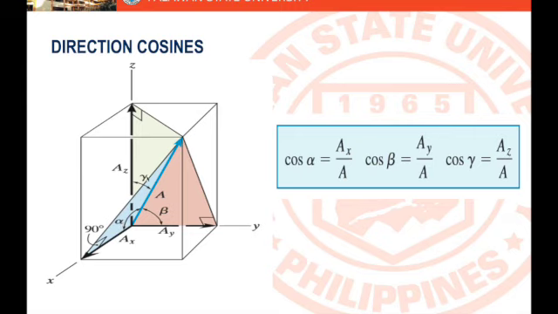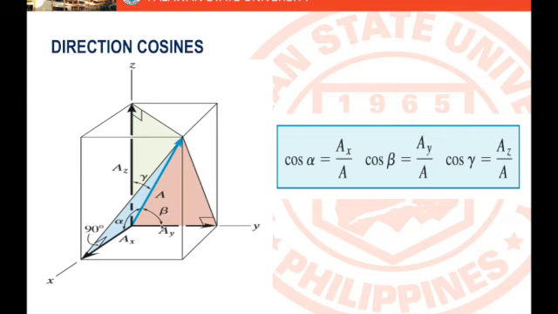So for this blue one, you can see, since this is perpendicular, you have the hypotenuse, the magnitude of a, and you have the x component, which is the adjacent side of the triangle. Same goes for every triangle here.